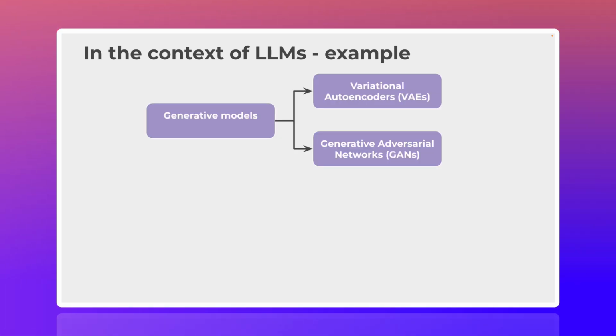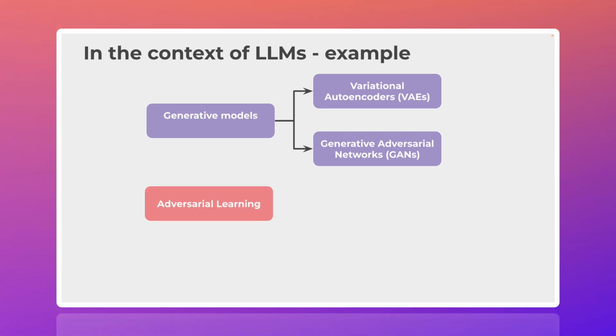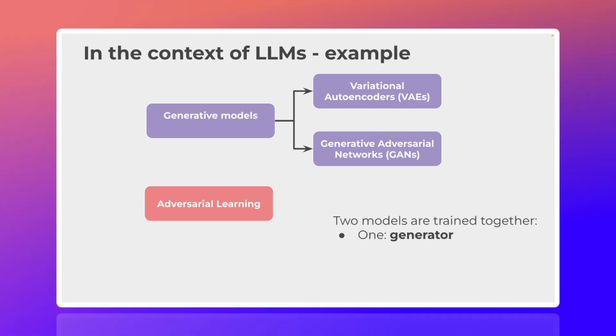So we saw that we have these generative models, which are variational autoencoders, VAEs, and generative adversarial networks, GANs. All of that put together, we also have what we call adversarial learning. The idea here is that the two models are trained together: the generator and the discriminator.